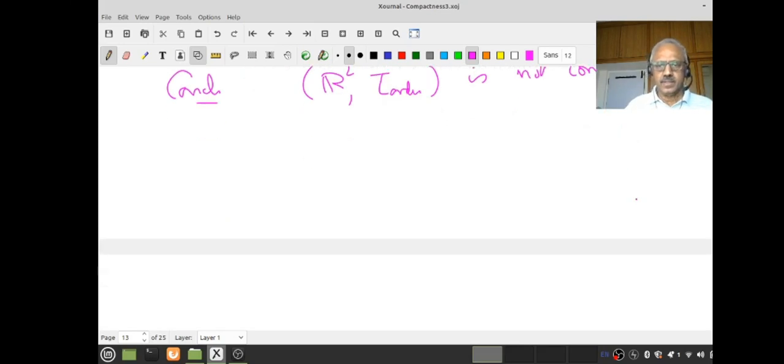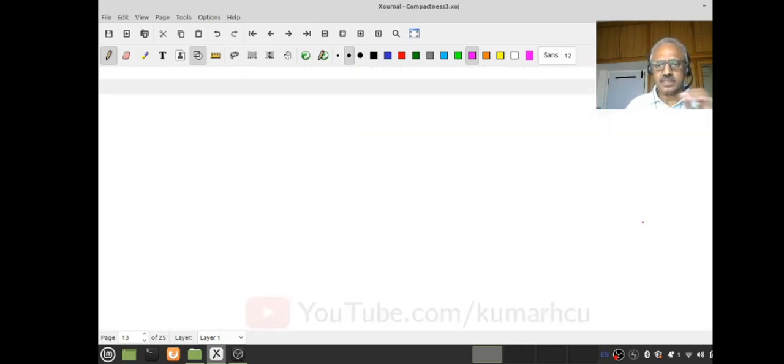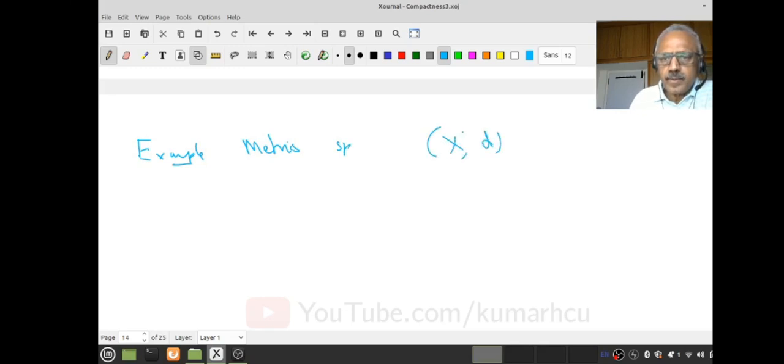Okay, so now the last example, something to do with metric spaces, because usually we also look at metric spaces. We have not done it, so let us do it now. Maybe I will change the color. Okay, so fix a point A in X. Using this, can you think of an open cover?